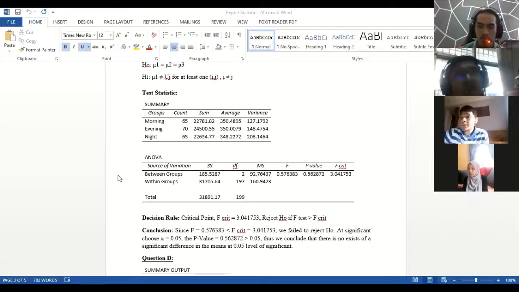For the conclusion, since our F is less than F critical, which is 3.04173, we fail to reject H0. At significance level alpha 0.05, the p value is 0.562872, which is more than 0.05. We conclude that there is no significant difference in the means at the 0.05 level of significance.